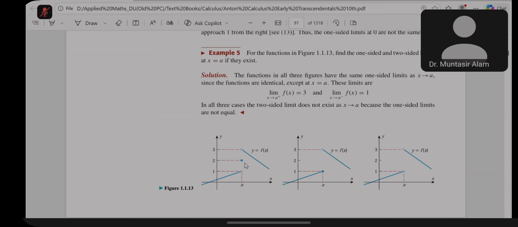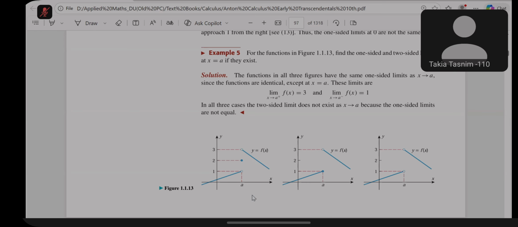In the first figure, does the limit exist at x equal to a? No. Why? You have to mention the reason behind your answer.